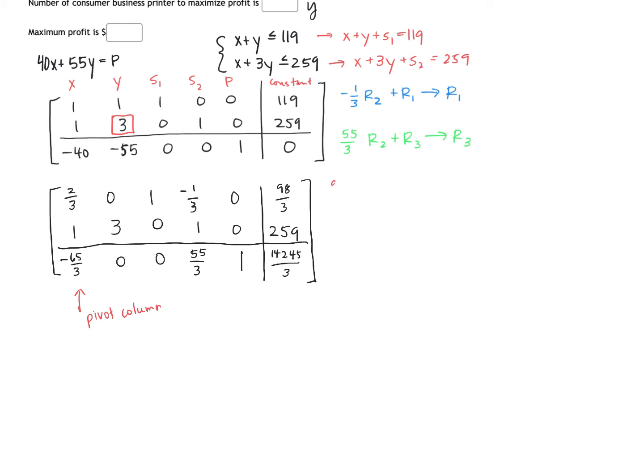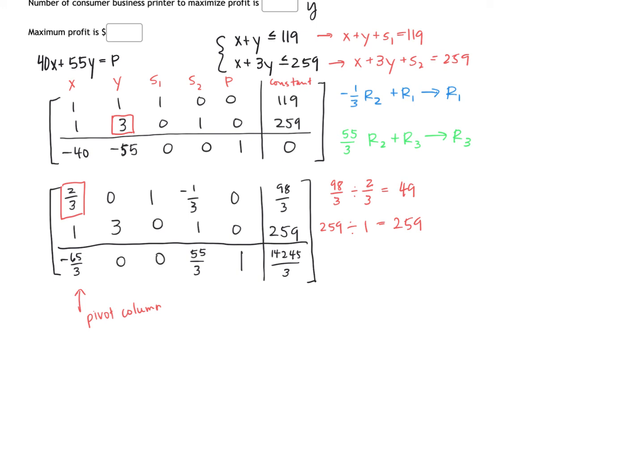So we'll do 98 over 3 divided by 2/3. And we'll do 259 divided by 1. So we will get 49 and 259. 49 is smaller, so that means that 2/3 is now our pivot.